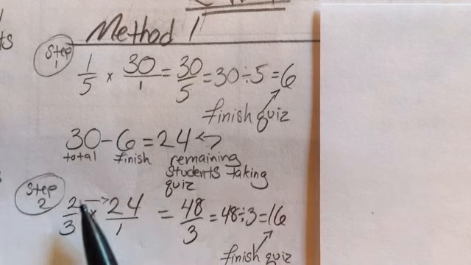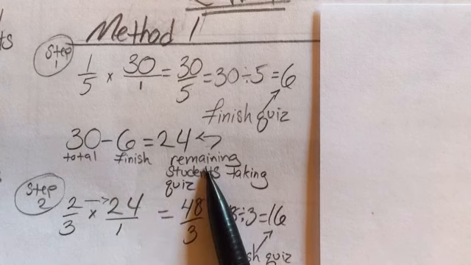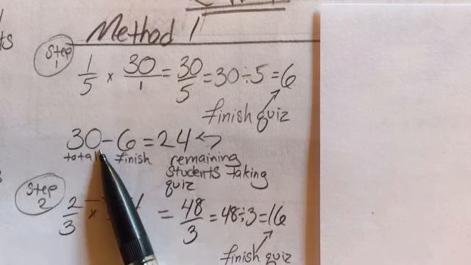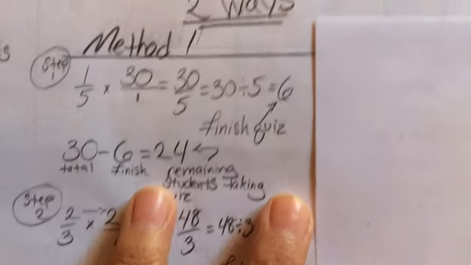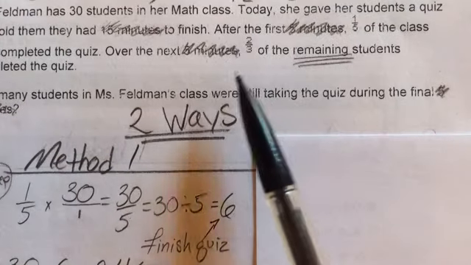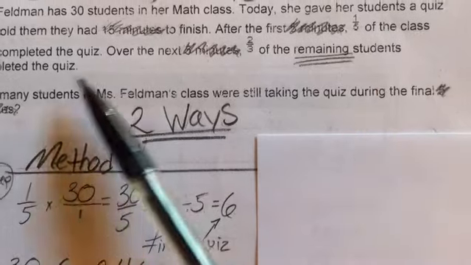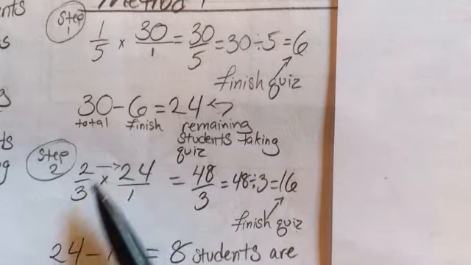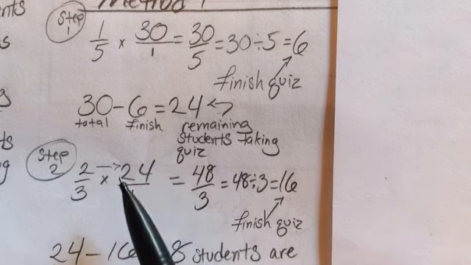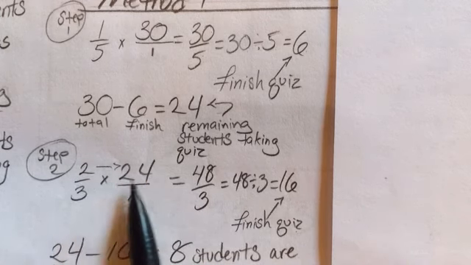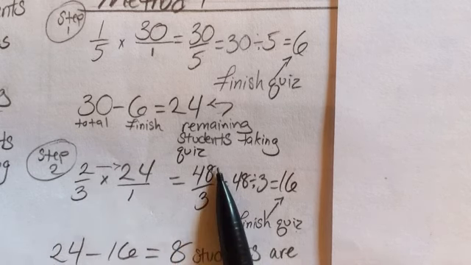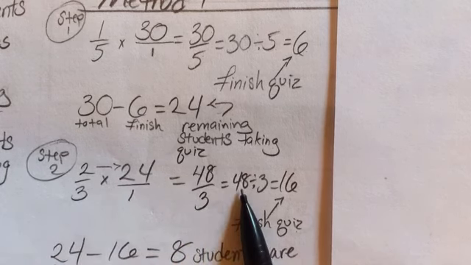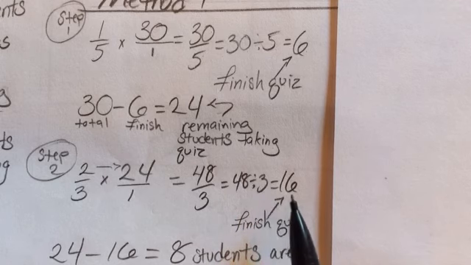Now we're going to figure out 2/3 of the remaining students, not of the original 30, 2/3 of the remaining students, because in the question it says 2/3 of the remaining students completed the quiz. So 2/3 times 24, we multiply straight across. 2 times 24 is 48. 3 times 1 is 3. 48 over 3 is the same as 48 divided by 3.